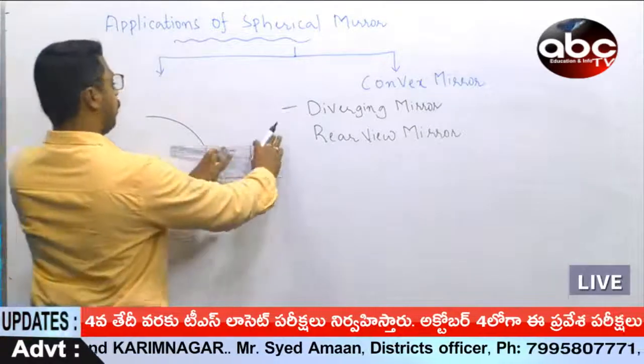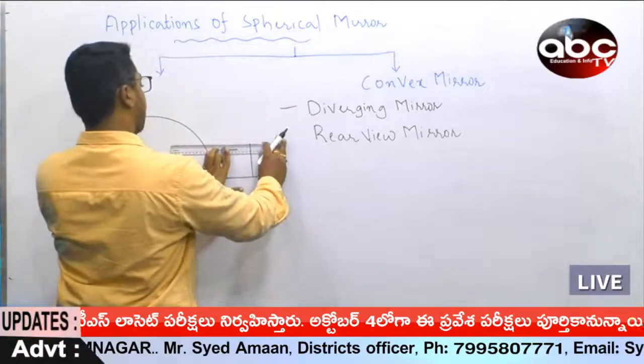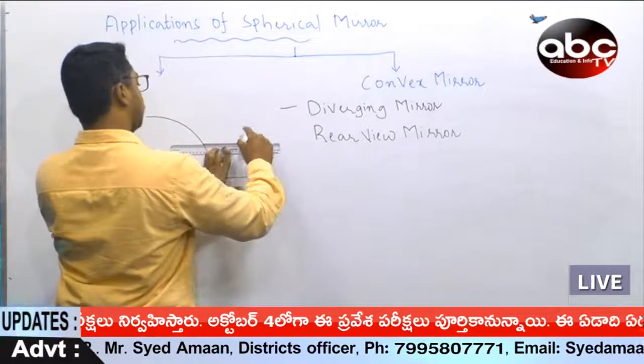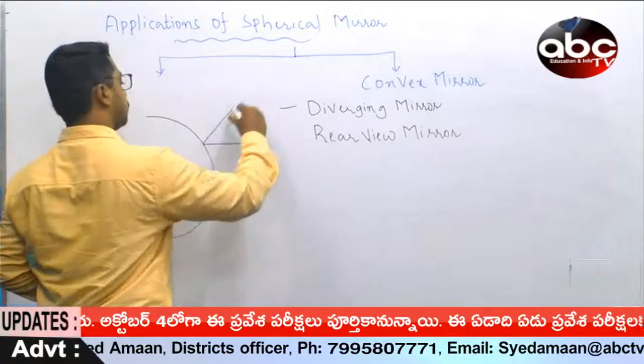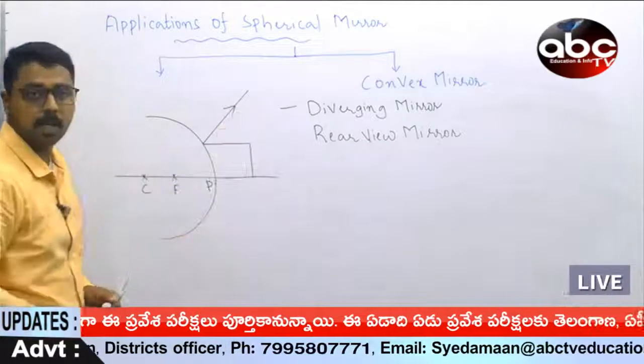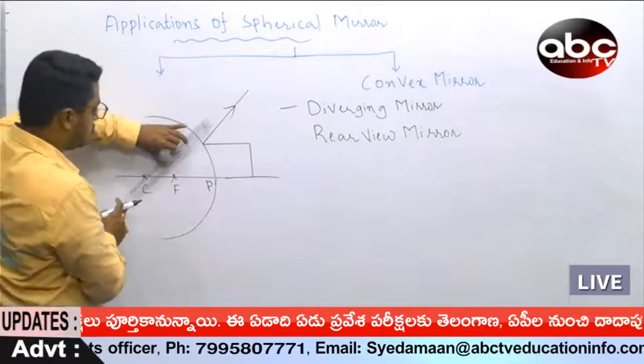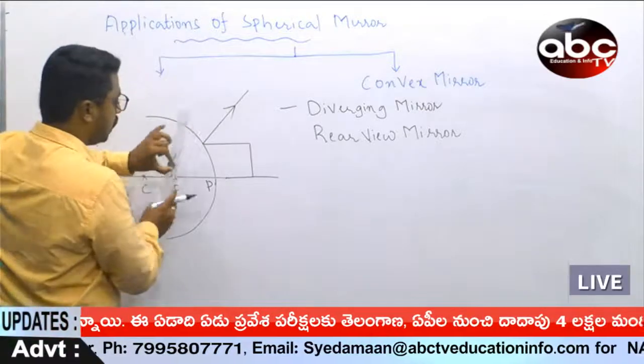Just as before, a ray parallel to the principal axis, moving away from the mirror, appears to be focused on extension at the focus.